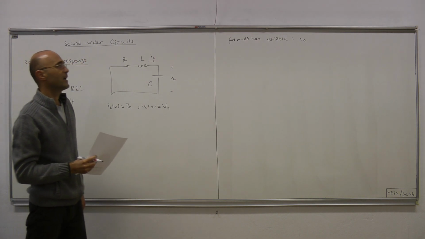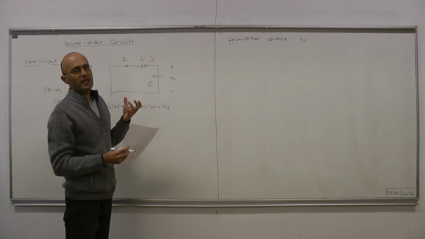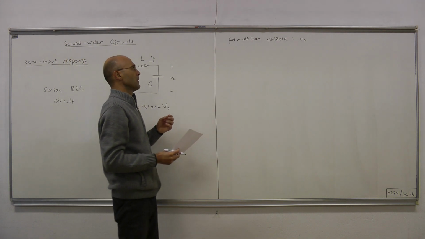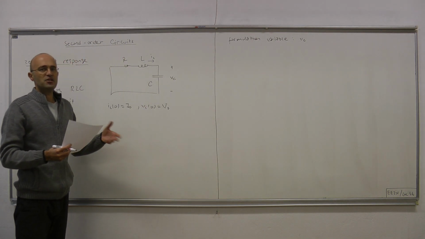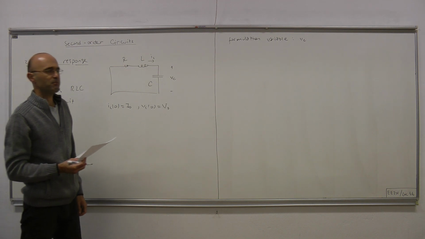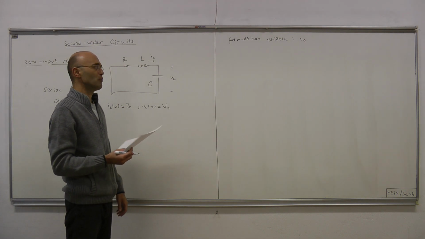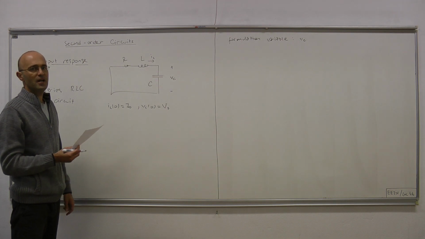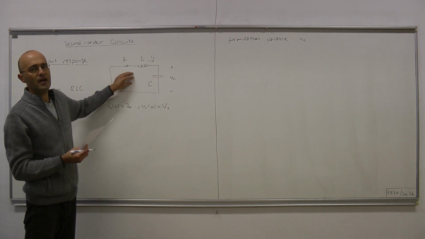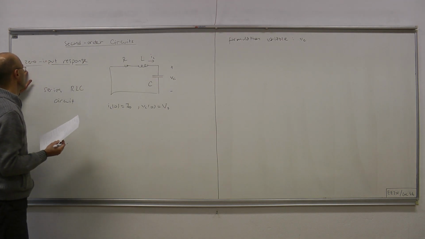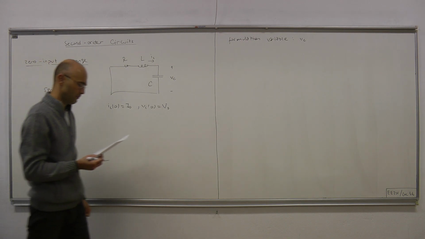What we are aiming for is a differential equation in terms of VC and its derivatives. We almost know that we're going to have a zero right-hand side because the circuit has no external input, so we consider the zero input response.